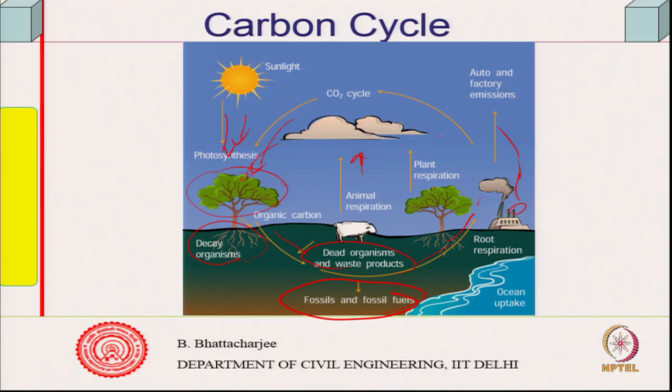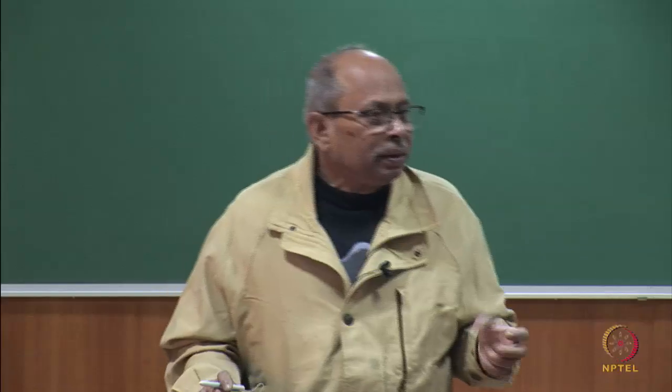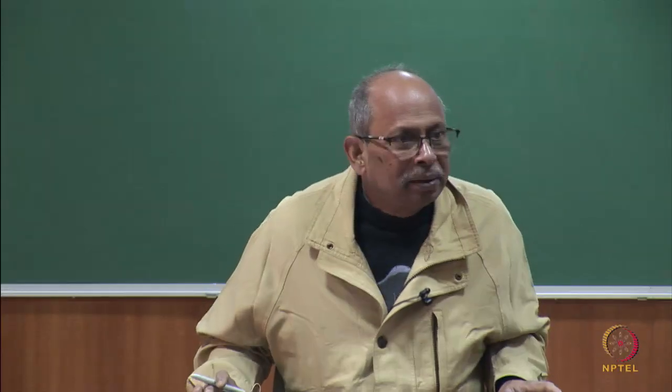So, this is the carbon cycle. As long as it is in balance, and whatever carbon is being generated is all consumed by the plants, then everything is in balance.